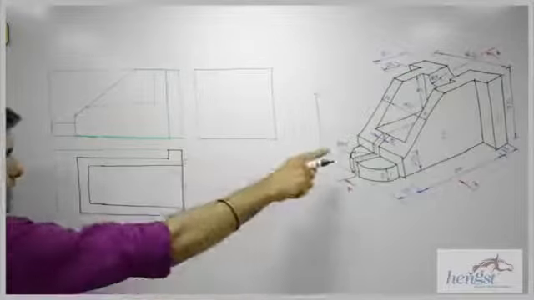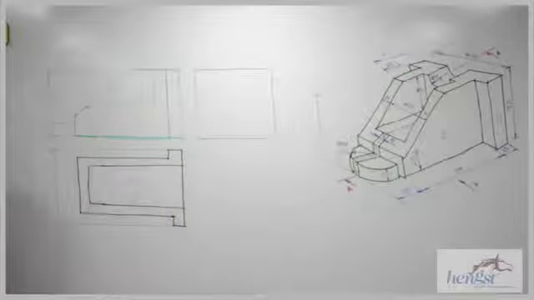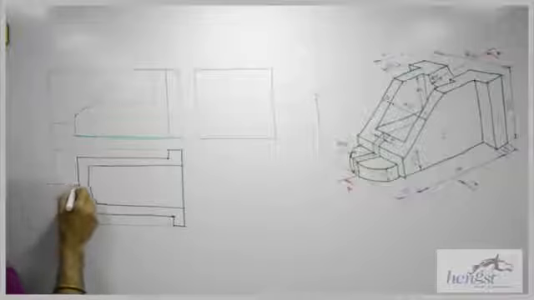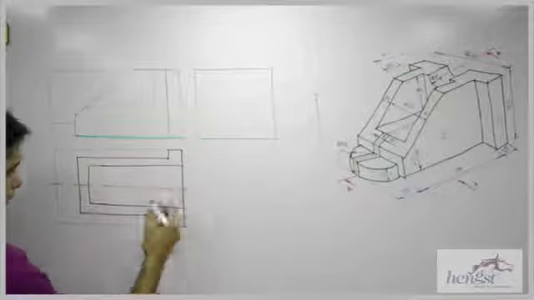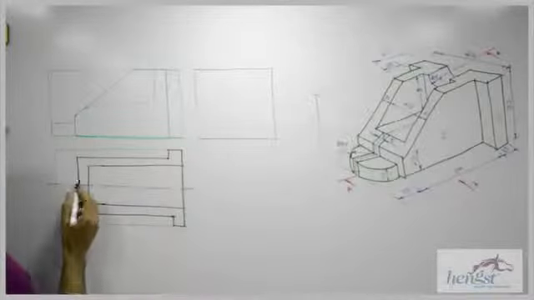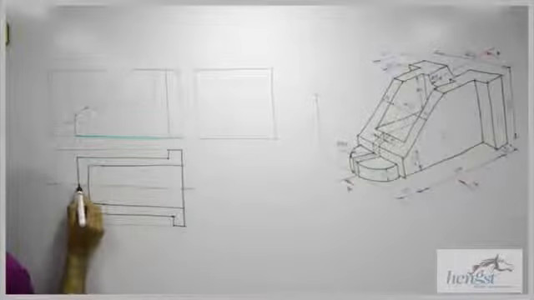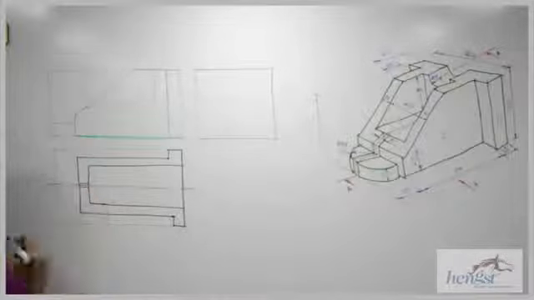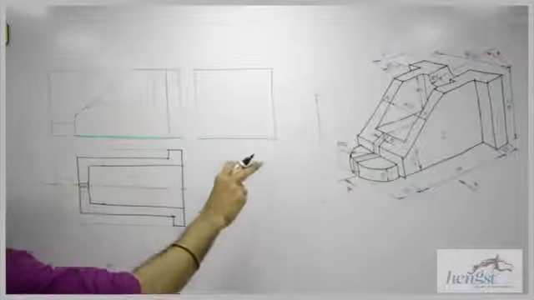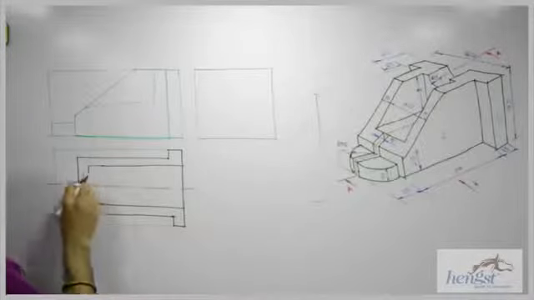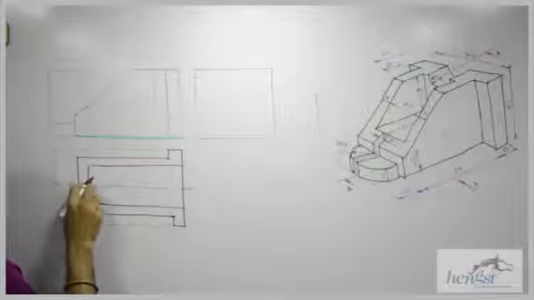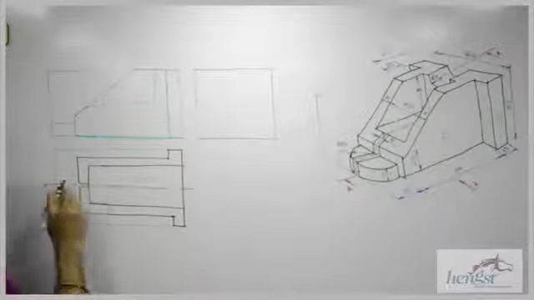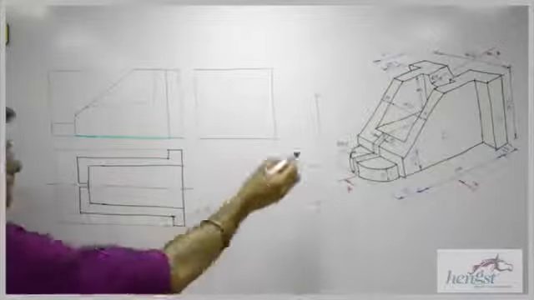Then if you see there is a slot of 5 mm. This is your center line. So you can take 5, 5. This is 5, so you can take 2.5, 2.5 on both the sides. Right? Then this line will be dark. This line is not dark. This won't be joined. It will be like this. Then we have this part.